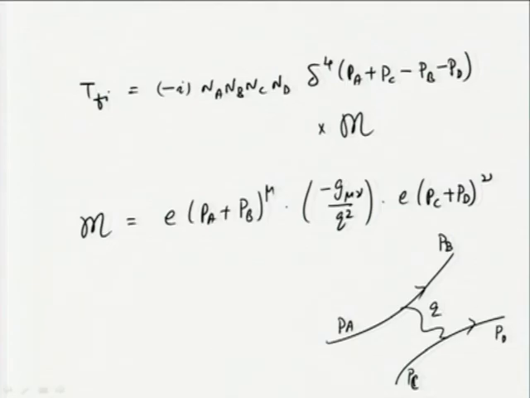So the first part, e (p_A + p_B)_μ, is associated with the first particle current. The second part, in the bracket, −g^{μν}/q², is associated with the propagator, and the last part, e (p_C + p_D)_ν, is associated with the current due to the second particle.